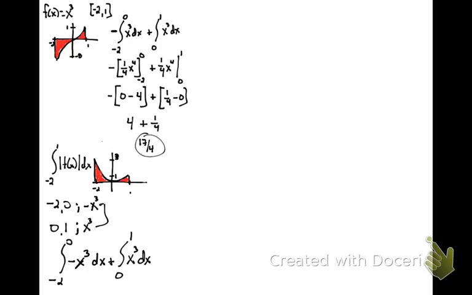And when I do this, I would still end up with the exact same value as the previous, 17/4. Now, I would submit, though, that if you were able to use your calculator to integrate, then this method would be simpler. And we'll show how you could do this in your calculator in a moment.